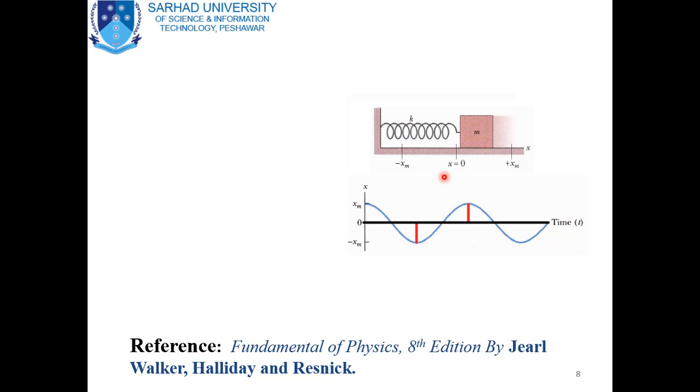But due to inertia, the object will not stop at x equal to 0 and will move toward the left of the mean position. When the object attains the same maximum displacement on the left hand side, that is x equal to minus xm, the direction of the motion will change again toward the right.